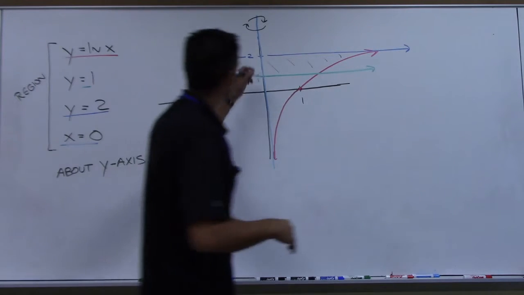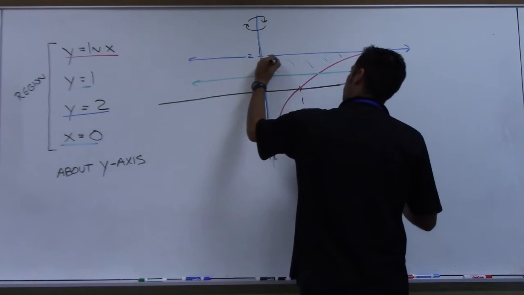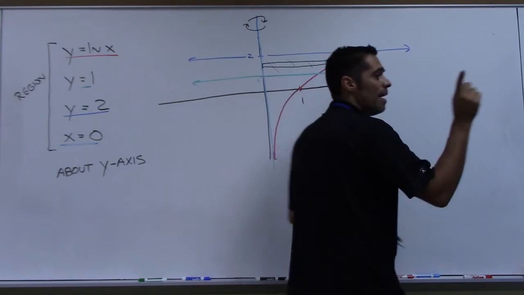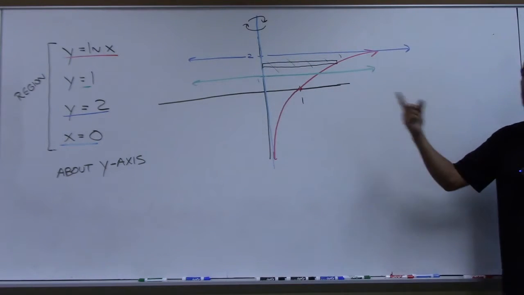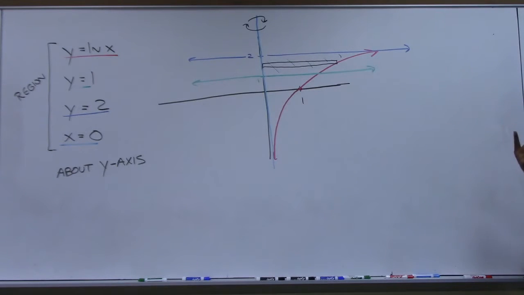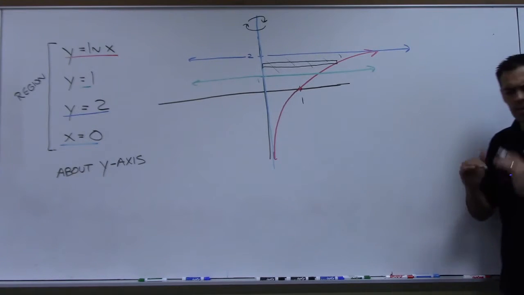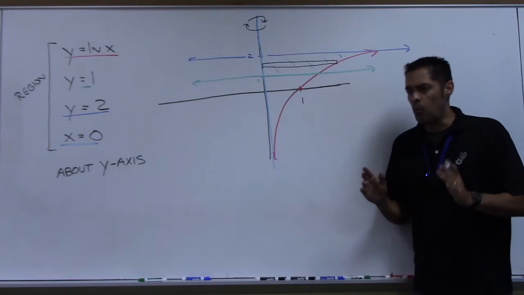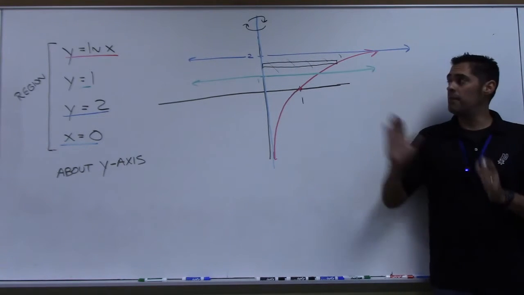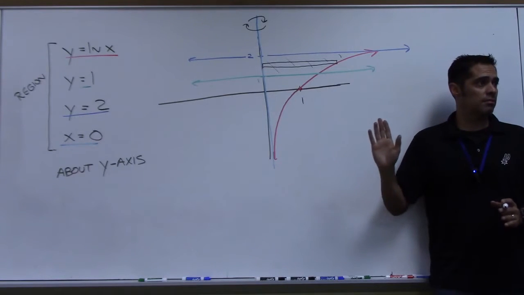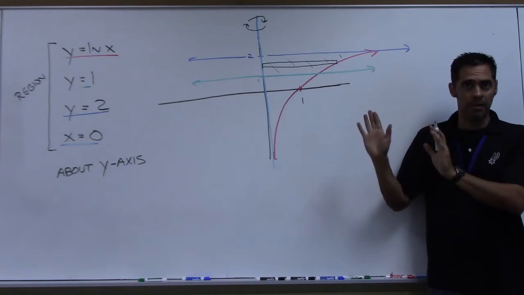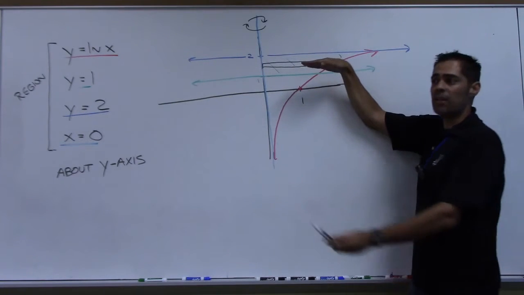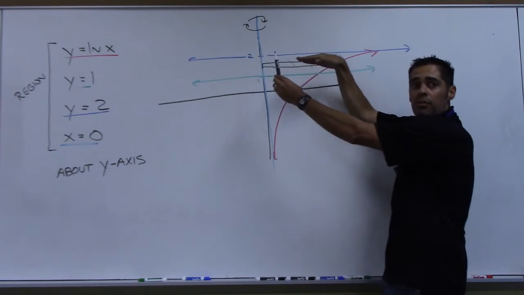I need my rectangle to look like this, so that when I wrap it around, I create the disk that I need. So this is the first time you'll hear me say this, and I'll say it several times: when you're using the method of disks or washers, your rectangle will always be perpendicular to your axis of rotation.